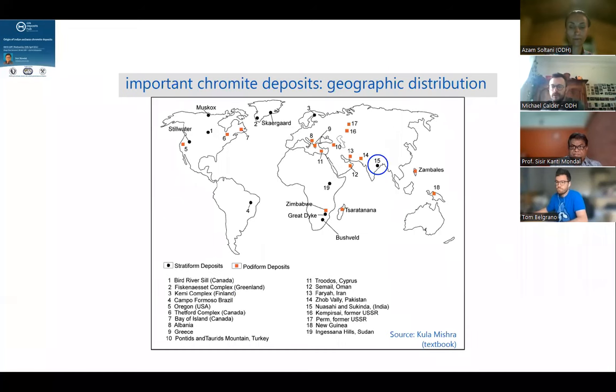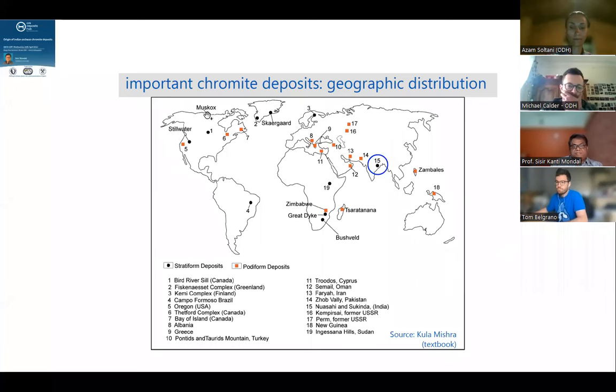This is the geographical distribution of important chromite deposits, and you can see that most of the important deposits are basically located at the southern part of the African continent. We have Bushveld complex and Great Dyke, and there are some other type of deposits in Zimbabwe, which are located within the Selukwe greenstone belt. Then we have the Stillwater complex in North America.